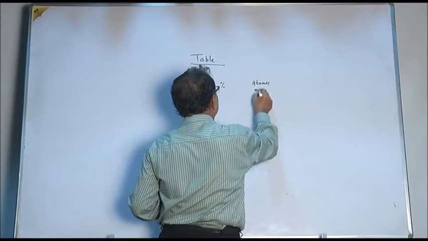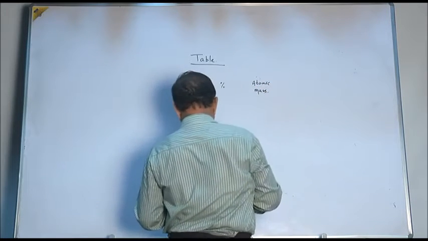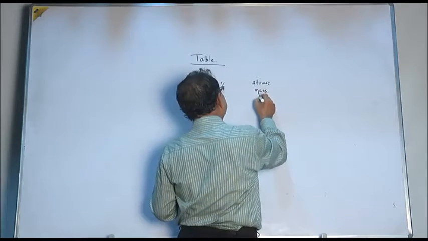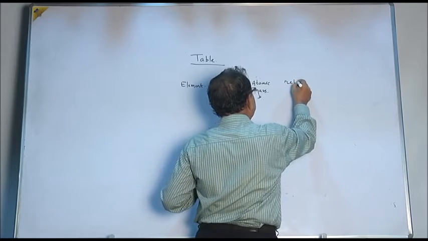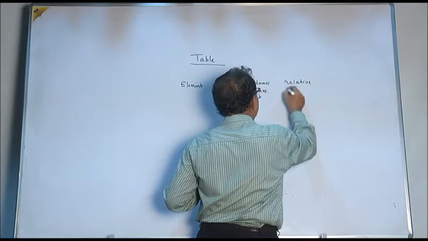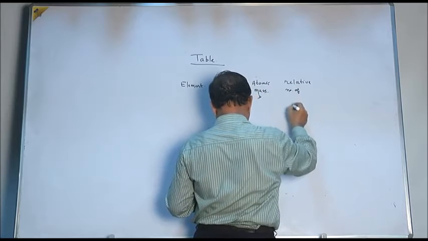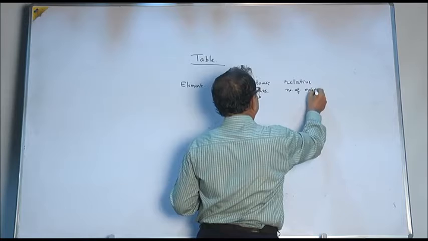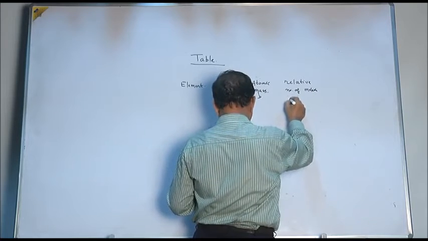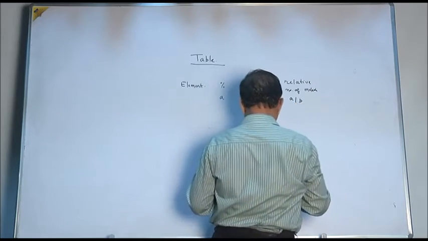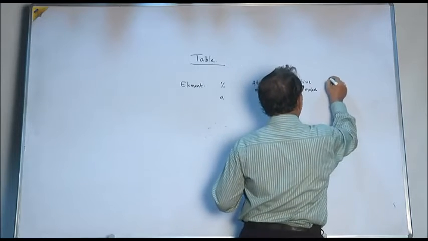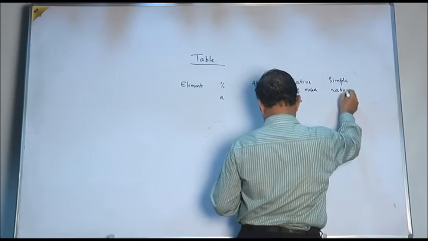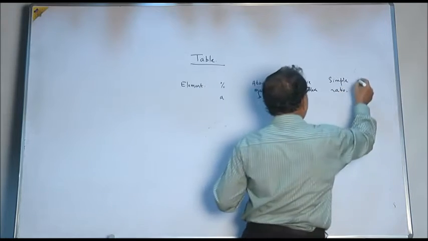Atomic mass. Then the relative number of atoms, this is A and this is B, that is A by B. Then the simple ratio, then the simplest whole number.